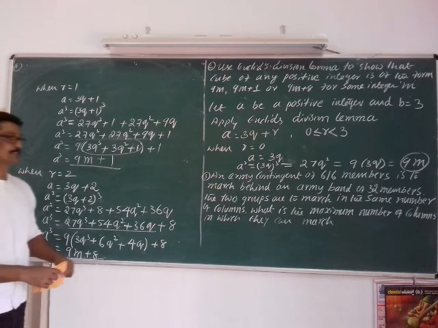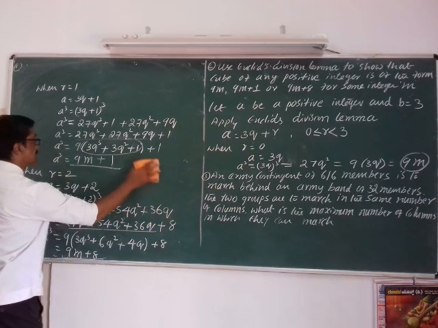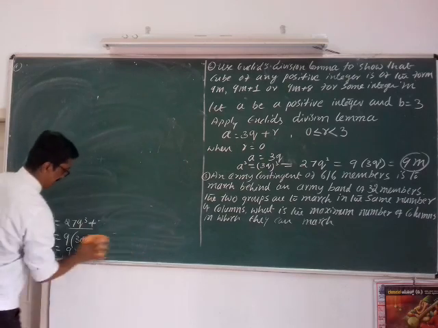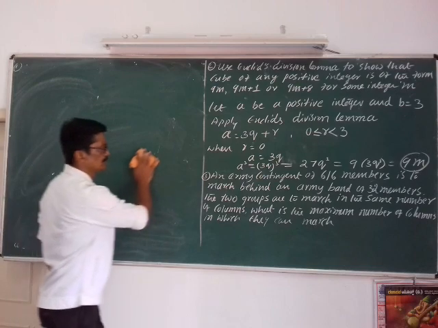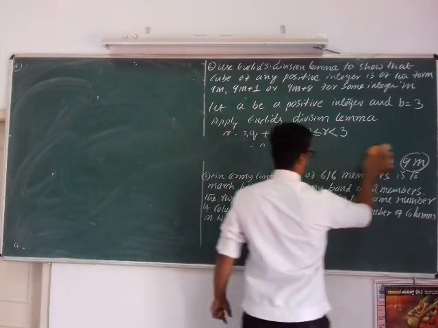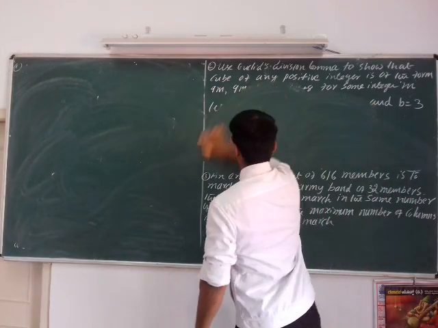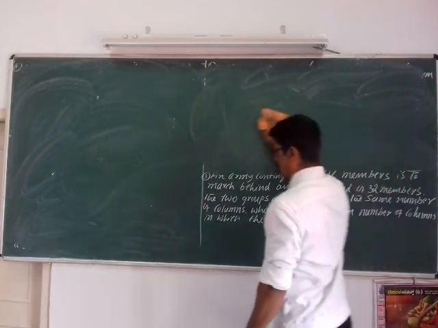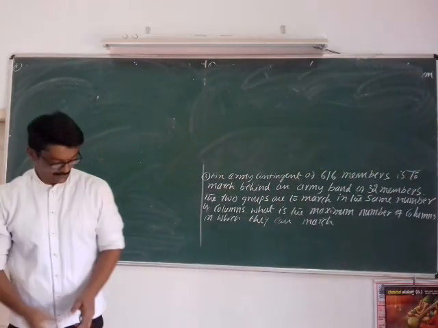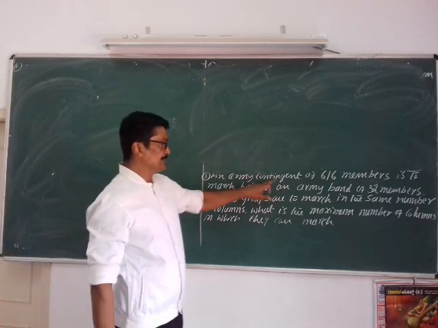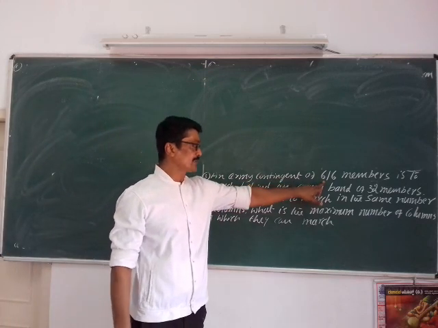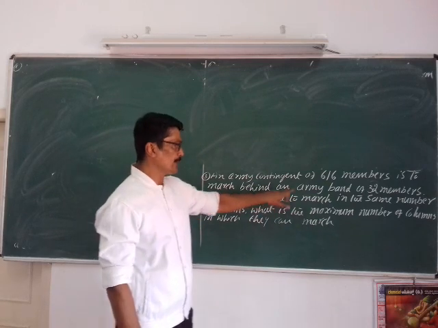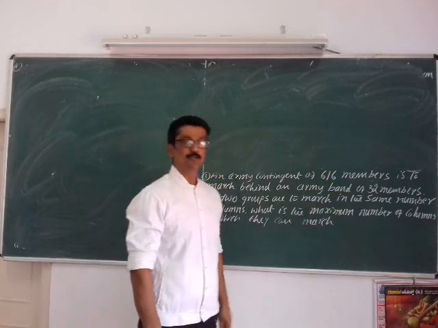Let me discuss one more problem. An army contingent of 616 members is to march behind an army band of 32 members.